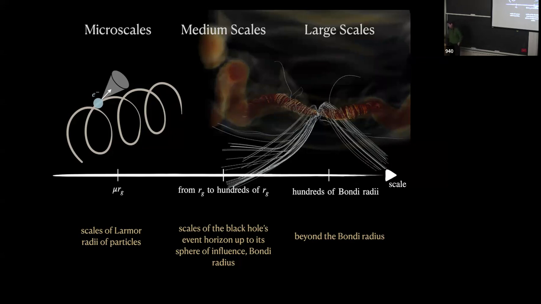Okay, so now we have this wide range of scales. We have the microscopic plasma scales of larger radius particles, where emission actually originates, and we also have the scales of EHT and GRAVITY observations, from the event horizon to hundreds of r_g, and also the scales beyond the Bondi radius where we observe the powerful outflows, jets, this feedback from the black hole into the surrounding medium.